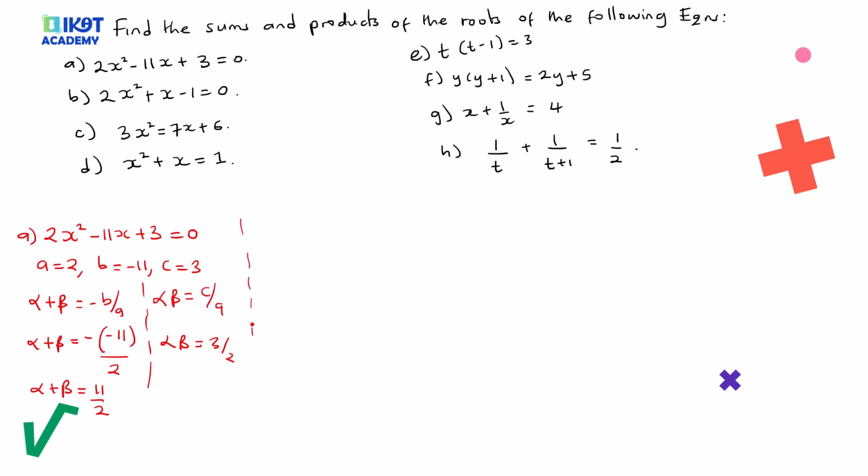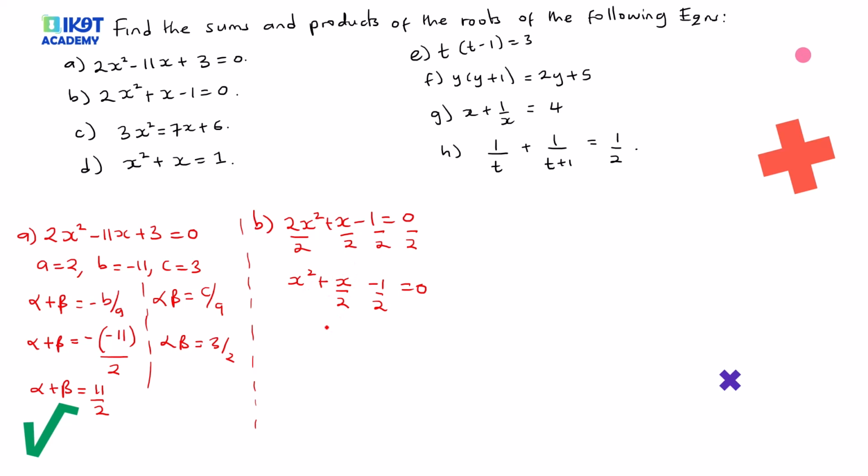Now we are going to modify how we are doing it. For part b, you have 2x squared plus x minus 1 is equal to 0. We always try to make sure that the coefficient of the x squared term is 1, so I'm dividing through by 2. We have x squared plus x out of 2 minus a half is equal to 0.